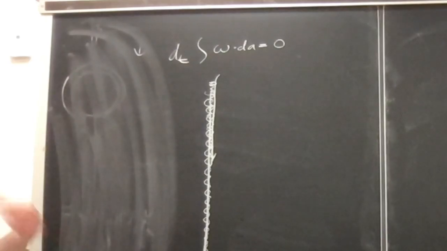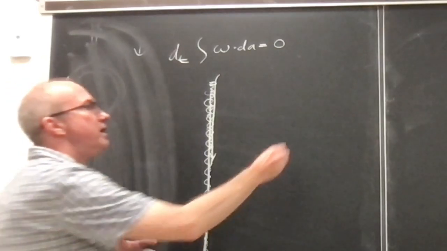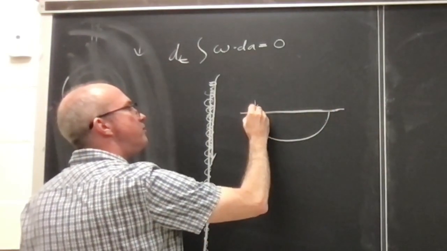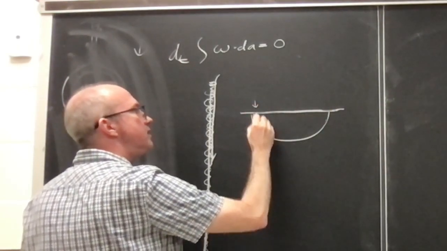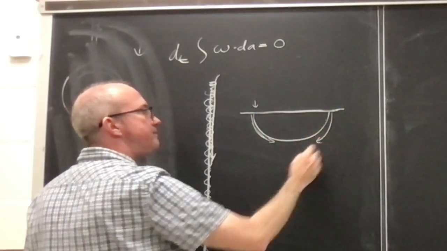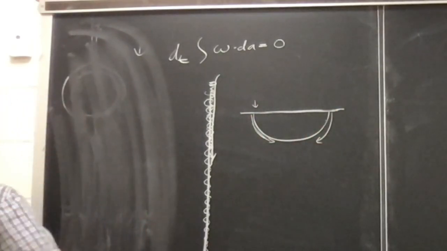This is going to be more important when we get to magnetic fields, because of this behavior: when you have the pool and you have the vortex here, and you put the dye in the pool in the vortex, you can watch the dye travel along the vortex.